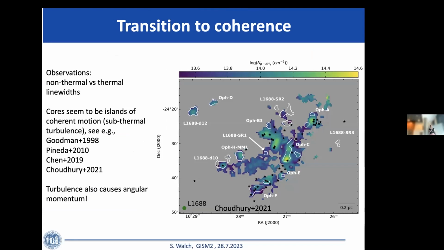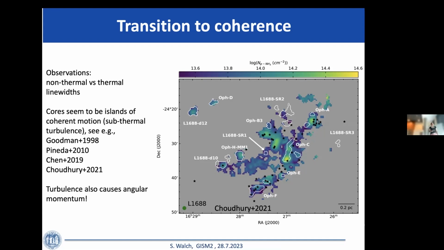This has been found first by Alyssa Goodman in 1998, but then there have been a lot of recent works also looking at this in detail by Pineda, Chen, and Chaudhuri, for example. This is from the Chaudhuri paper where they looked at a number of cores.